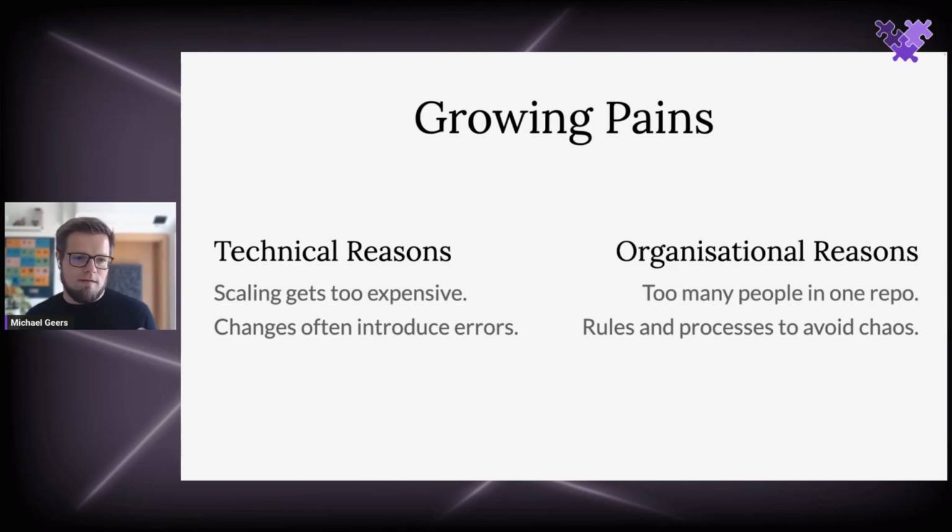One is technical reasons: scaling the monolith was getting more and more expensive, and changing things in the monolith introduced errors that weren't intended. On the other side, we have organizational reasons, such as having too many people working on one code base. This is oftentimes countered with adding rules and processes to avoid chaos and bring a little more order, but it slows down development, and all of the people in there were unhappy.